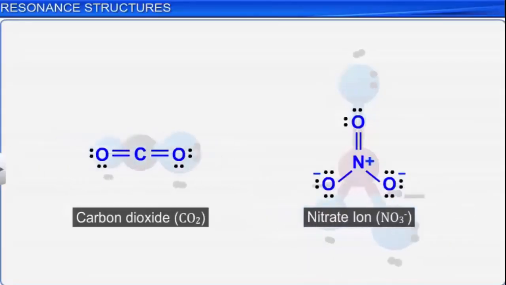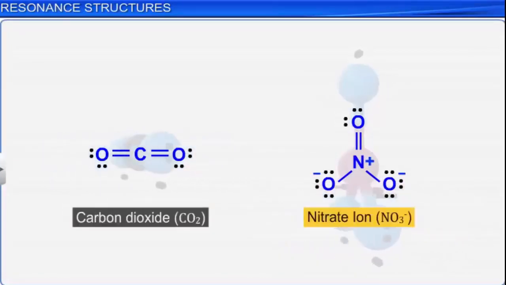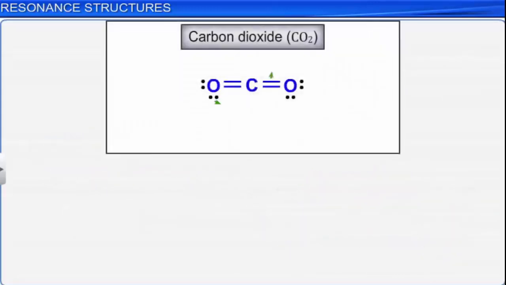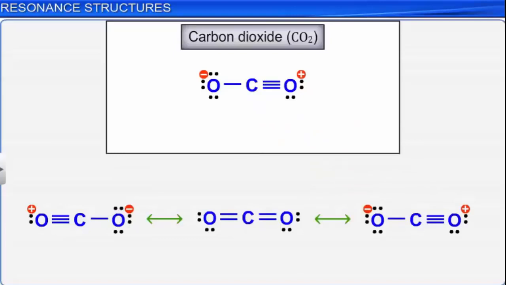Let us reinforce this concept by considering the possible Lewis structures of a carbon dioxide molecule and the polyatomic nitrate ion respectively. We can represent a carbon dioxide molecule by the three following Lewis structures. None of the single structures explain the observed carbon to oxygen bond length, which is 115 picometers.